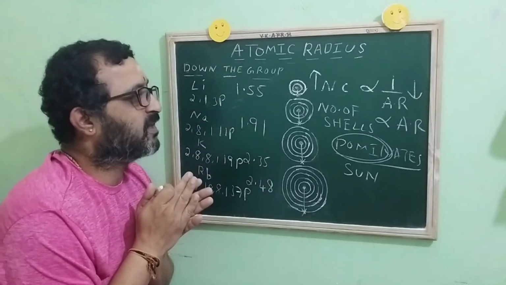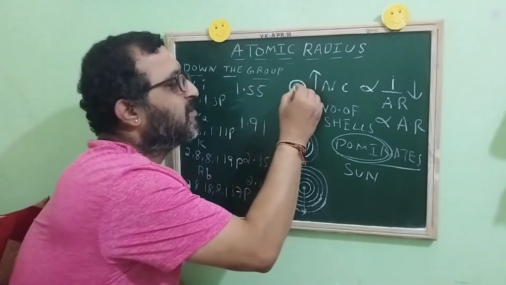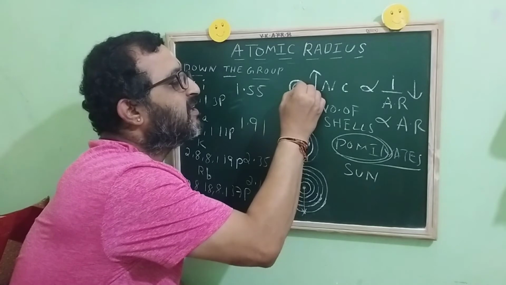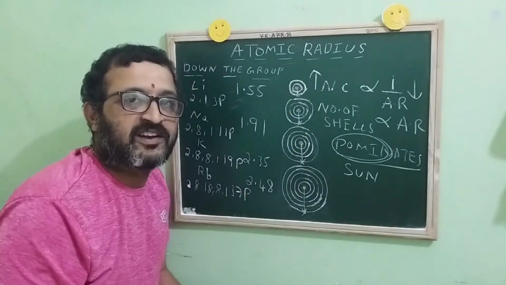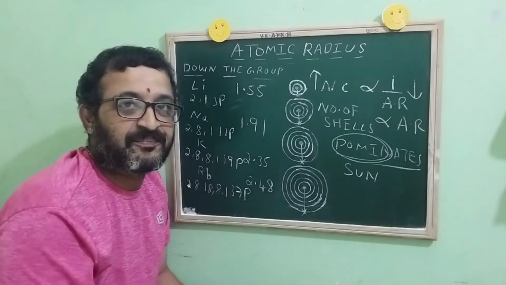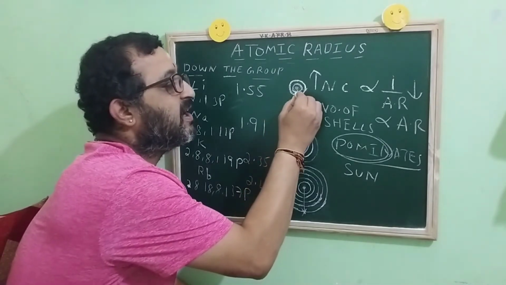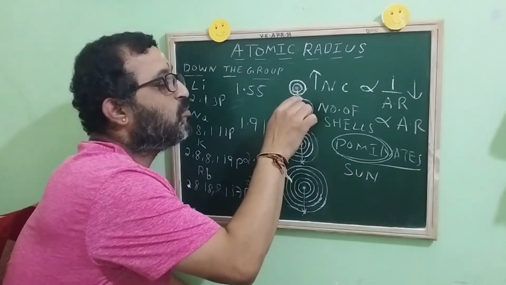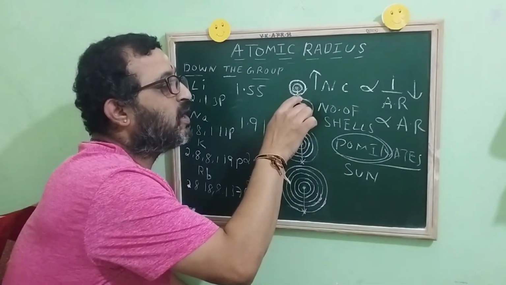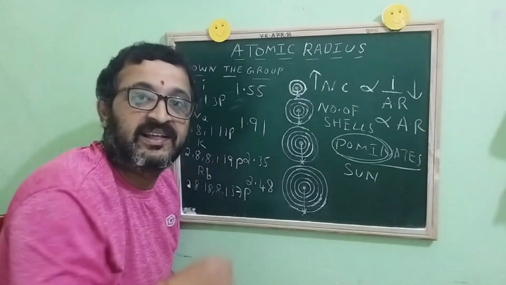Just observe here, children. We will consider this nucleus as what, children? Sun. And the outermost shell containing electron as skin.